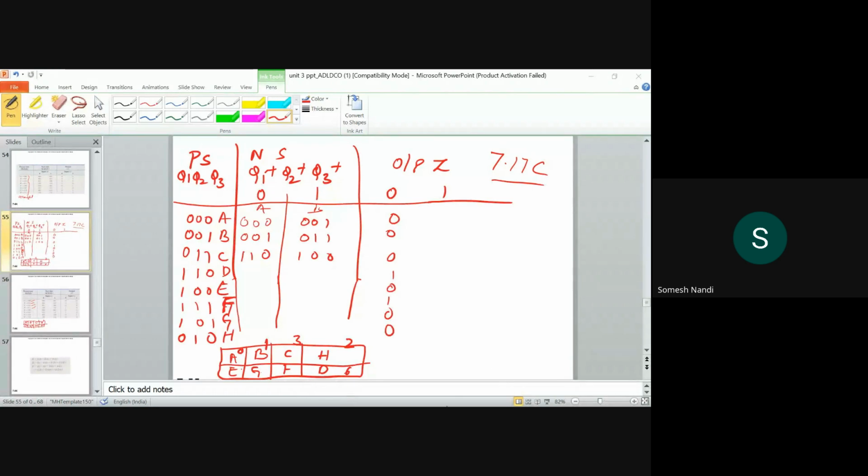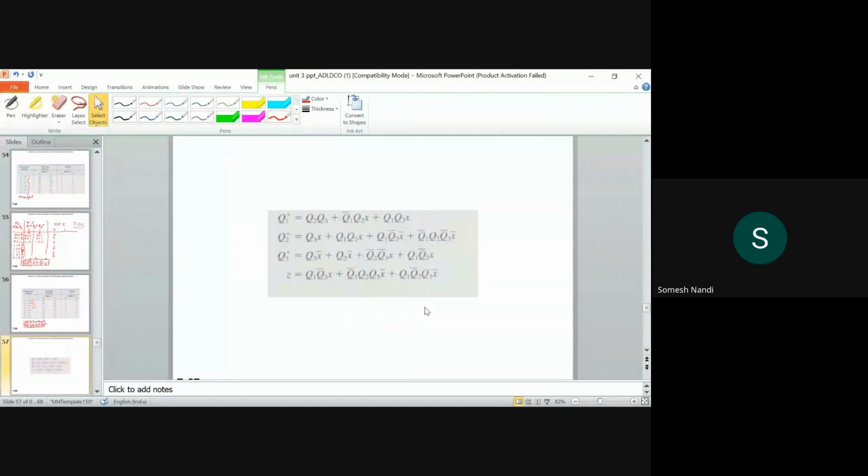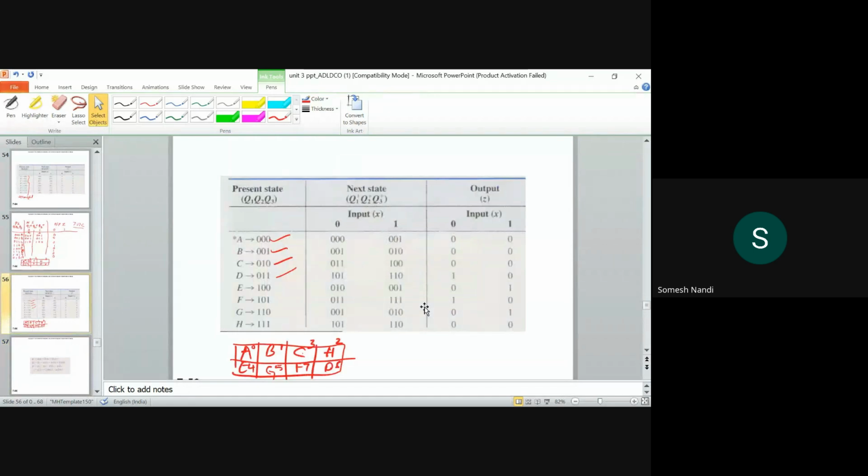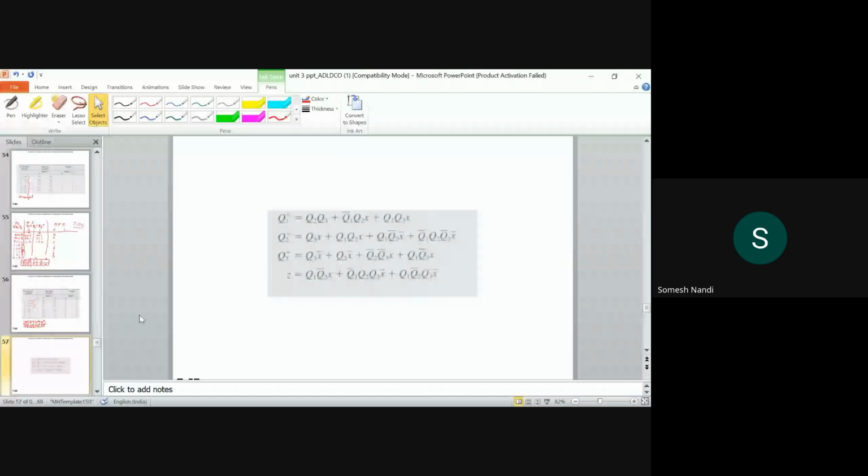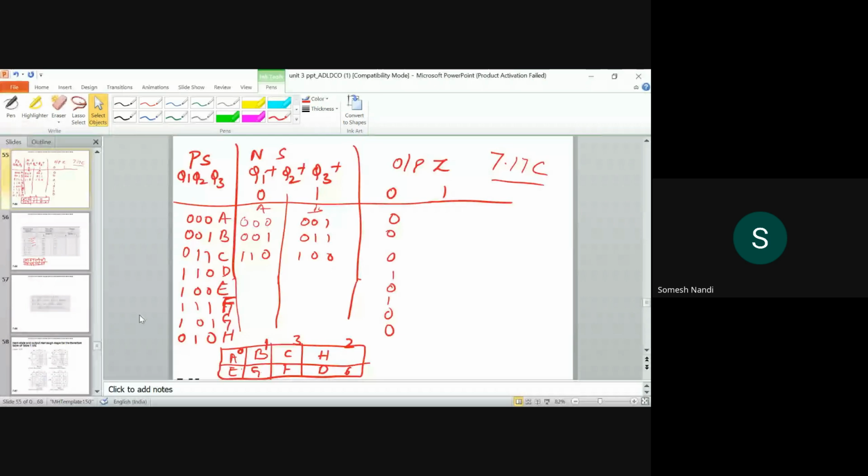Now, after applying this, how will you get the state assignment values? If you just see, this is your final table, what I wrote here. This is your table. 111. This is 101. Then this is 011.